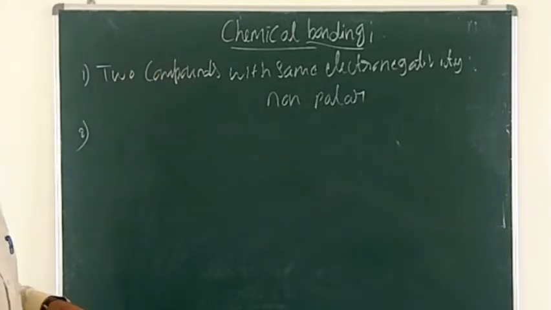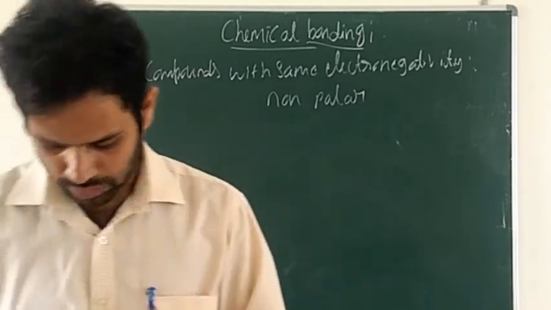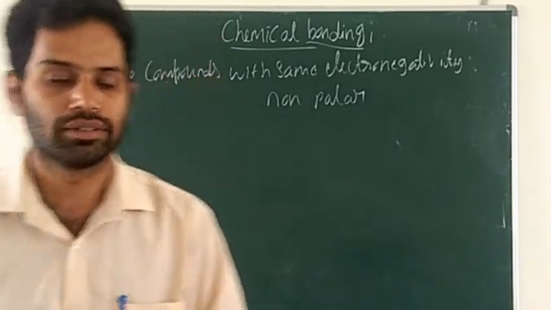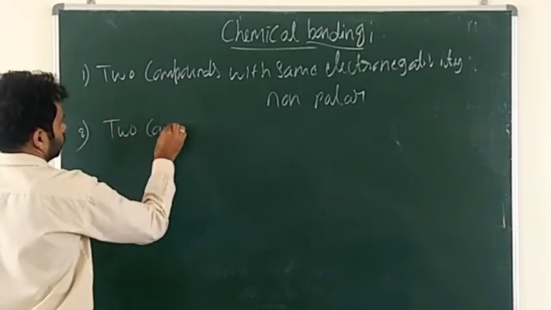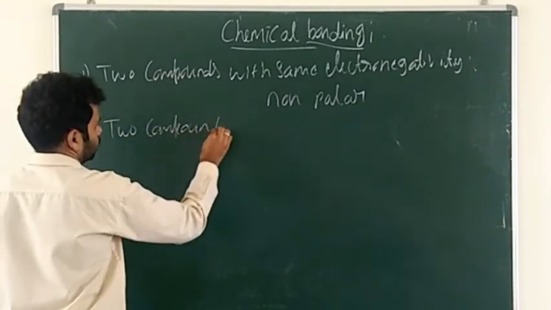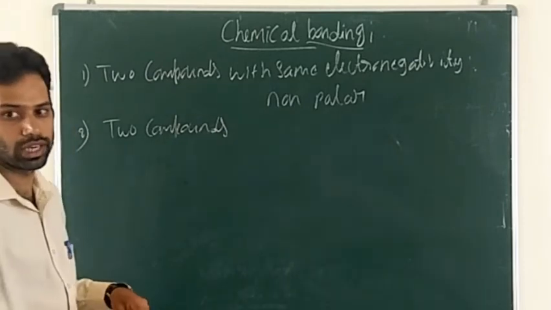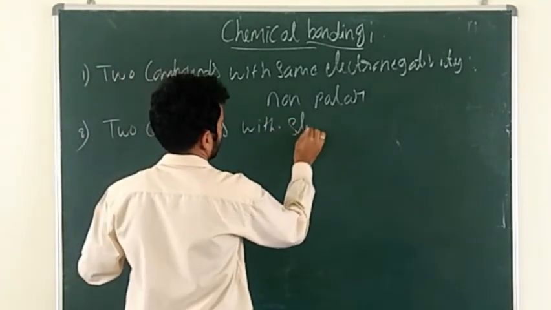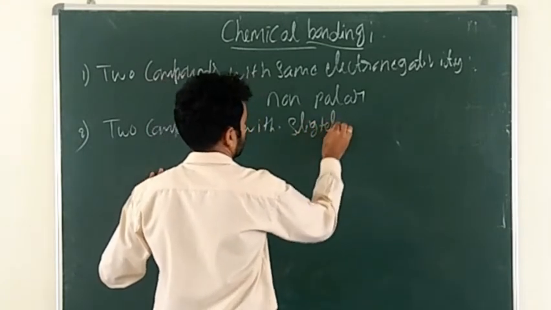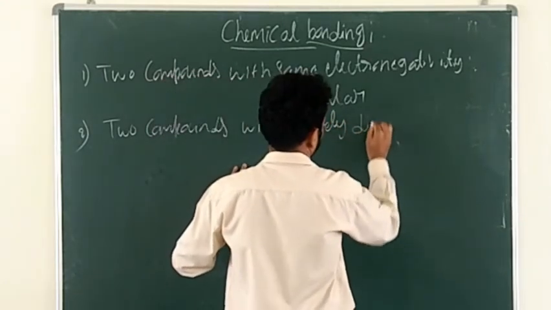Next one. Two compounds with a slightly different electronegativity. That is called what? Yes, polar covalent compounds.